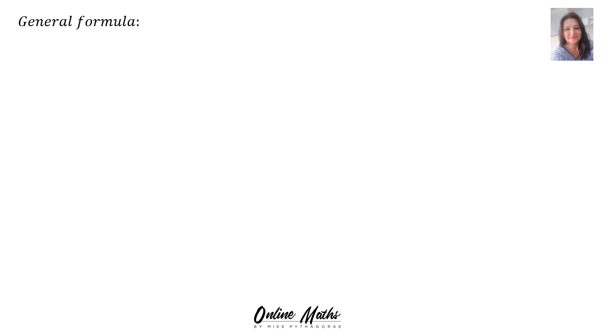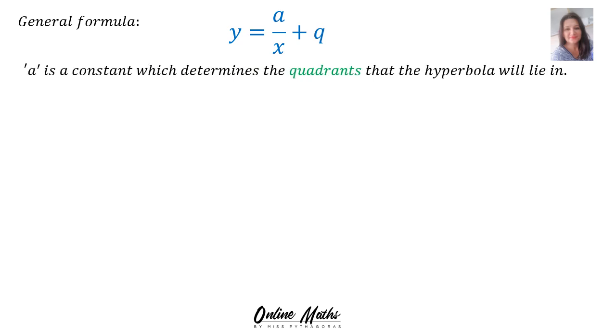Now the general formula for a hyperbola is y is equal to a over x plus q. The fact that x is the denominator of that fraction is what tells you that you are dealing with a hyperbola. A is a constant which determines the quadrants that the hyperbola will lie in.